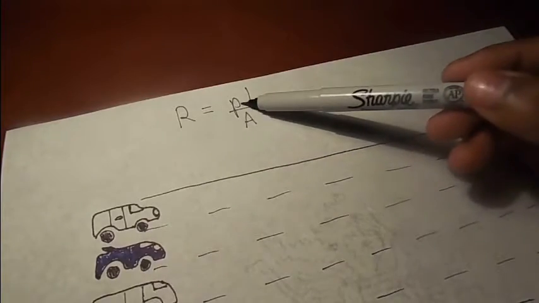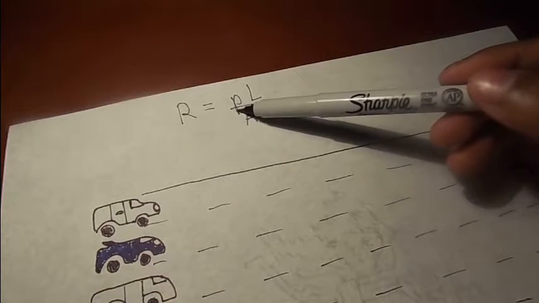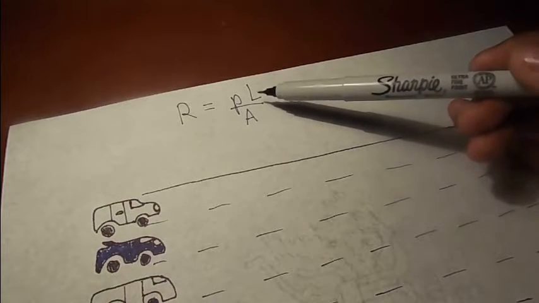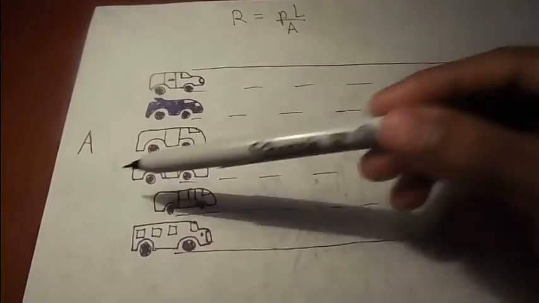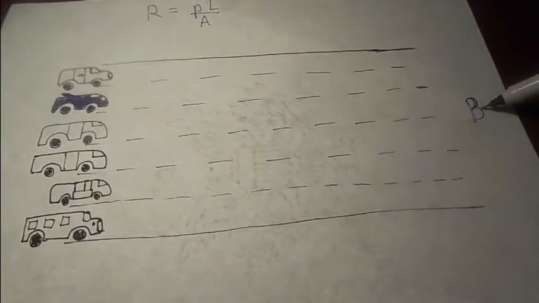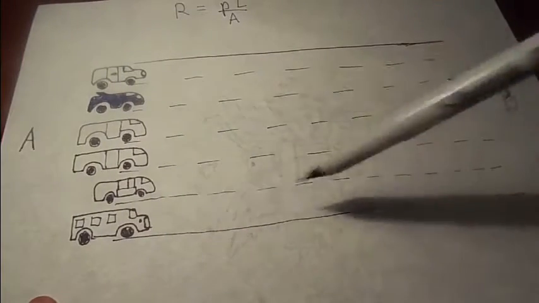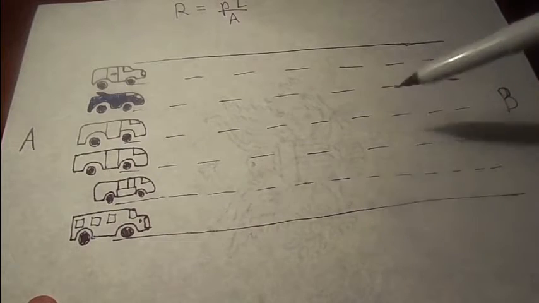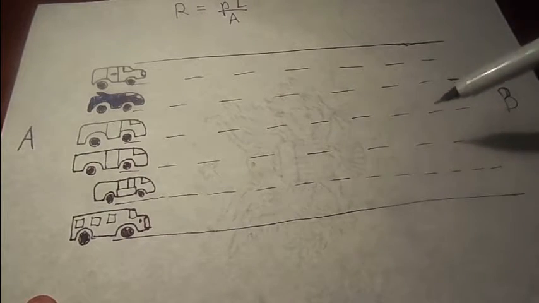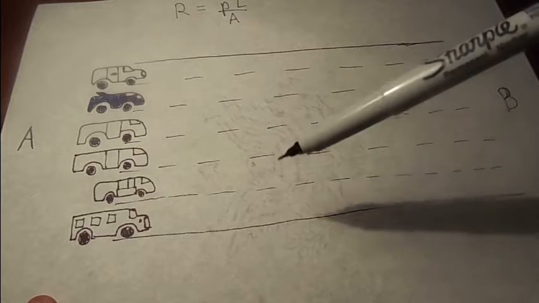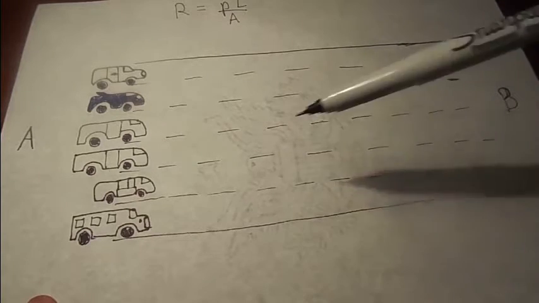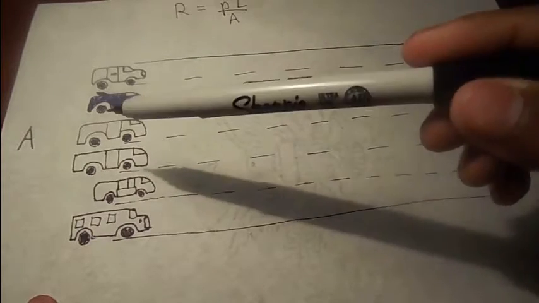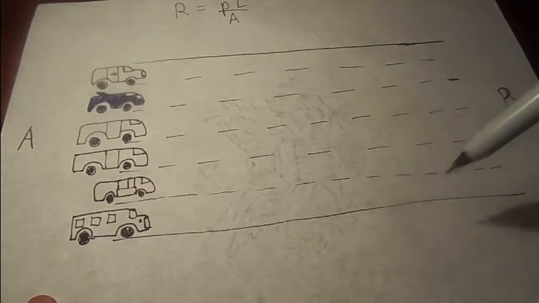So resistivity is just some constant given for the material. Let's say length: you have to go from point A to point B. What would take a longer time, getting from A to B if it was a long distance, or going from A to B if it's a short distance? Of course, it's going to take a longer time if A and B are farther apart.